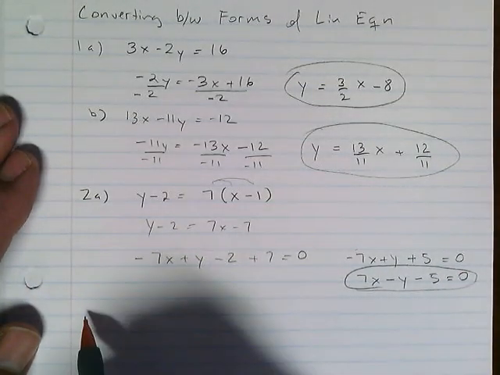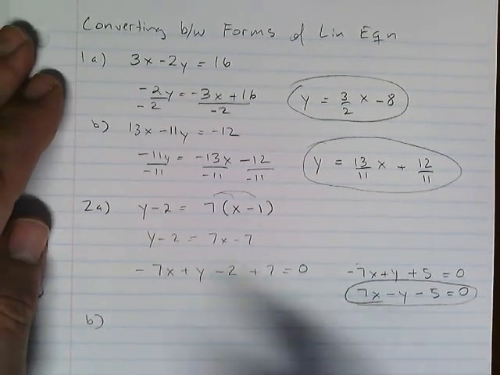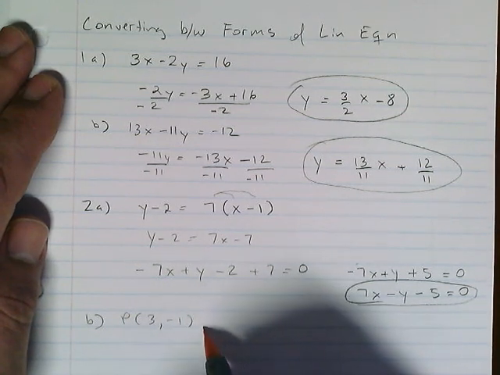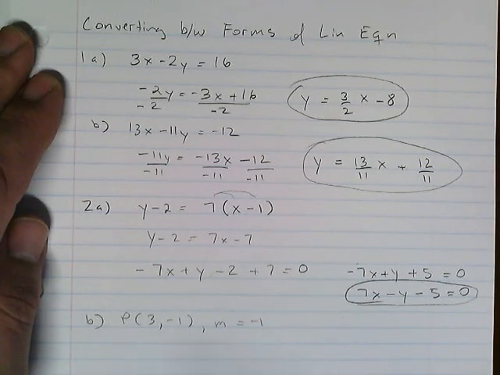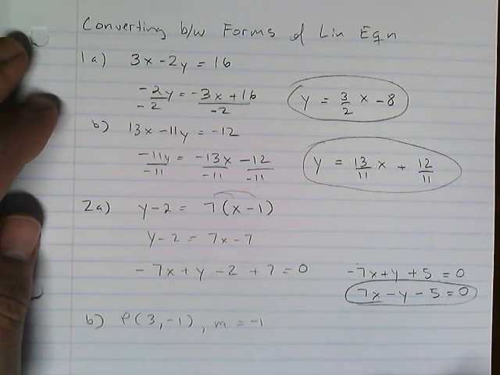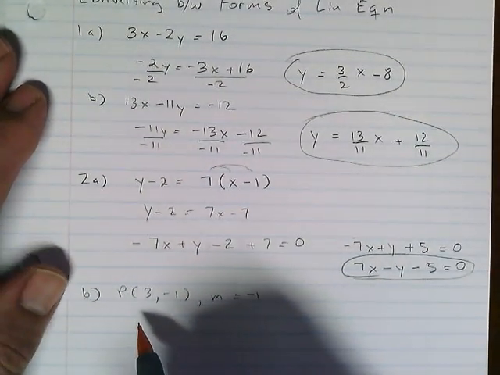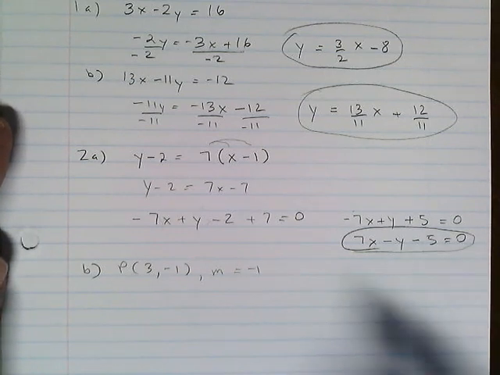And B, we're asked, right, P is (3, -1) and slope is -1, and we want the general form of the equation of the following line. No problem. Keep in mind, I always like to go off and extend.